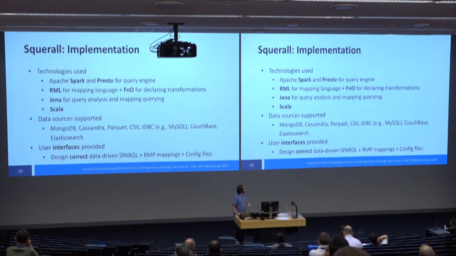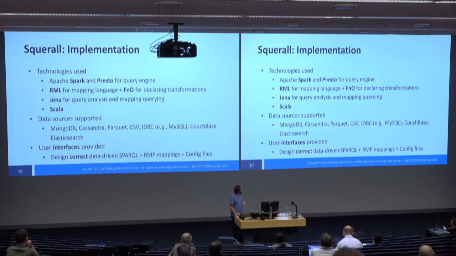Let's have briefly some idea of how the implementation is done. Basically, Squerall relies on Apache Spark or Presto as the query engine and for how to join the sub-results afterwards. So it's up to the user to decide or select between Spark and Presto.